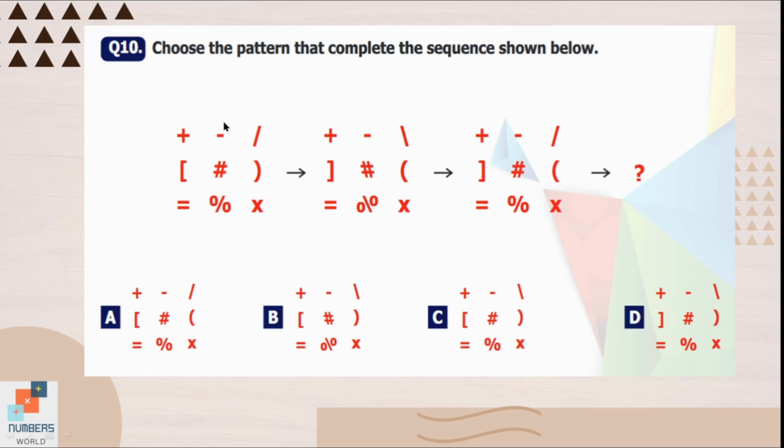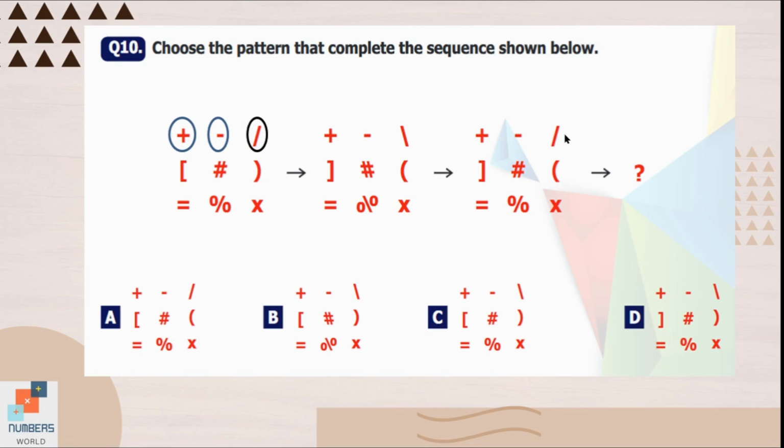Question number 10, choose the pattern that completes the sequence shown below. So here we are going to notice all the given symbols. Like plus is the same in all the patterns, so we will just ignore it right now. And dash as well, so we will leave these two symbols. Now look at the face of the slash. It's toward the right side. In the next pattern, it's towards the left side, then right again.